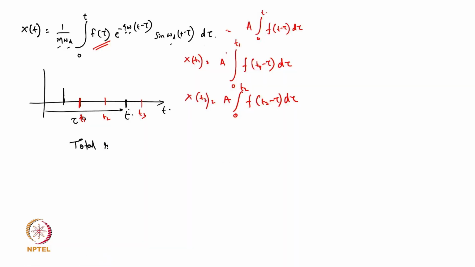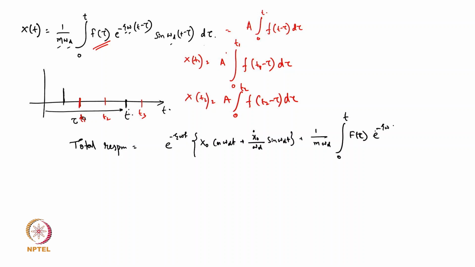So the total response of the system will be e to the power of minus xi omega t into x0 cos omega d t plus x0 dot by omega d sine omega d t, plus 1 by m omega d integral 0 to t f of tau into e to the power of minus xi omega (t minus tau) into sine omega d (t minus tau) d tau.